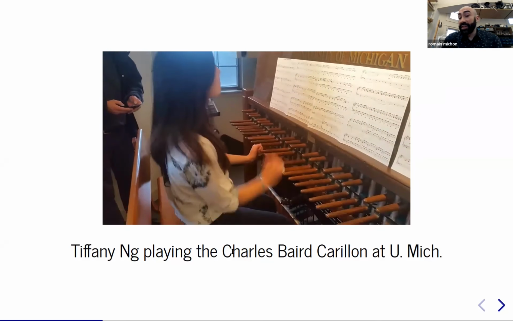This is an instrument that takes a lot of effort to perform, right? Because there is no electronic or electric assistance to play this instrument. It's really your mechanical movement on one of these keys that triggers the clapper on the bell. As I said, the largest bell of the Charles Baird carillon is, I think, 50 tons. So it's huge, right?